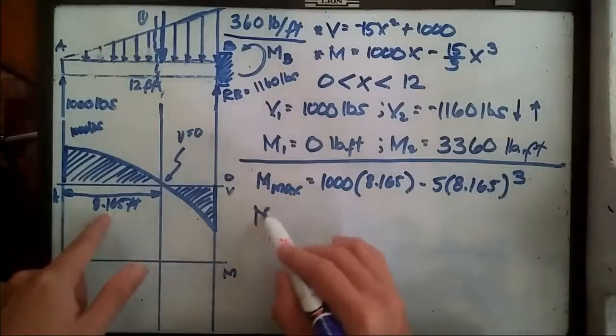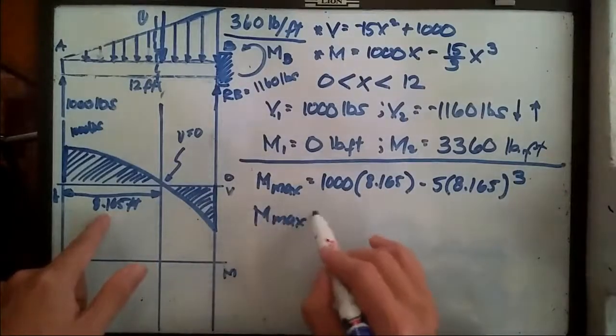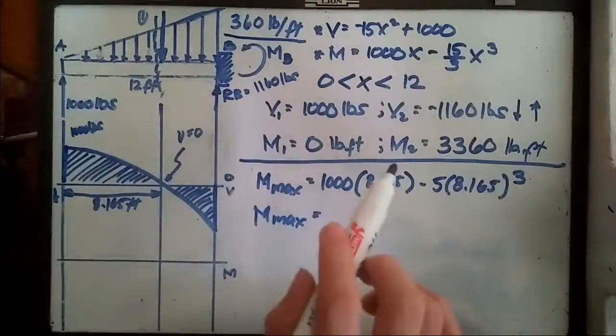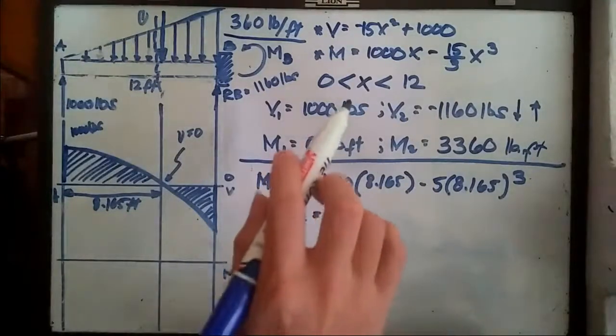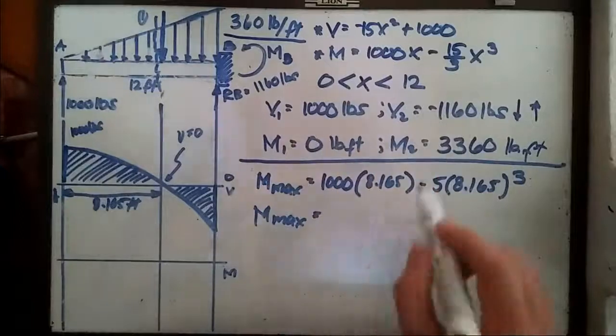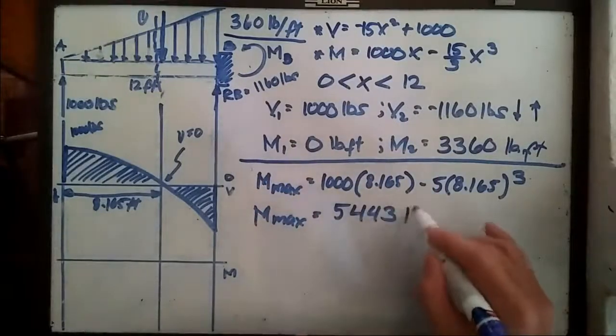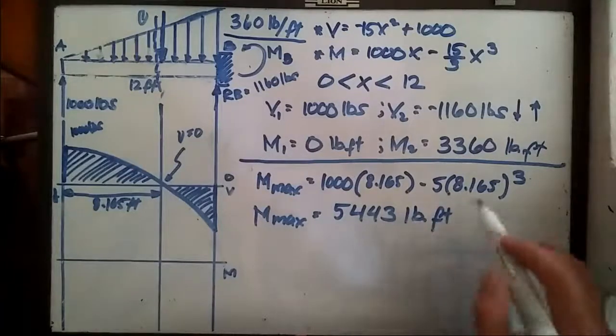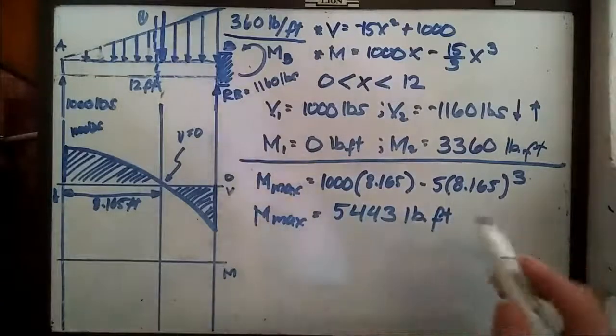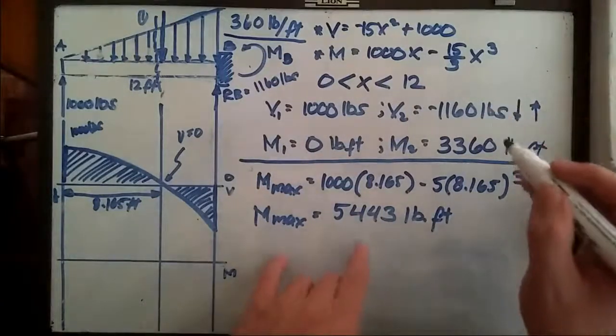So the maximum bending moment should be equivalent to approximately 5,443 pound foot.